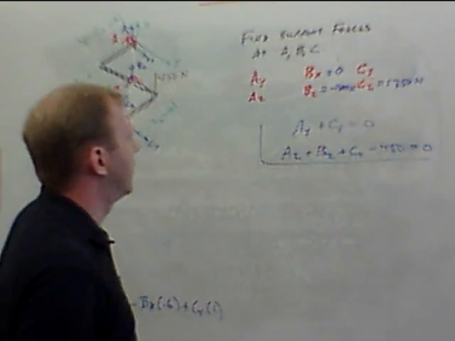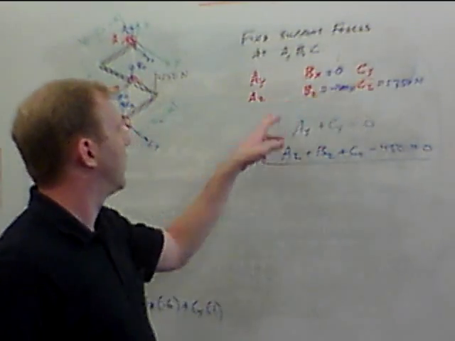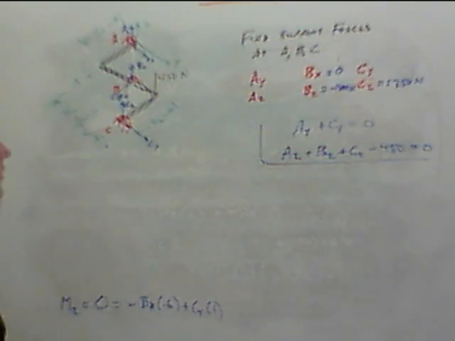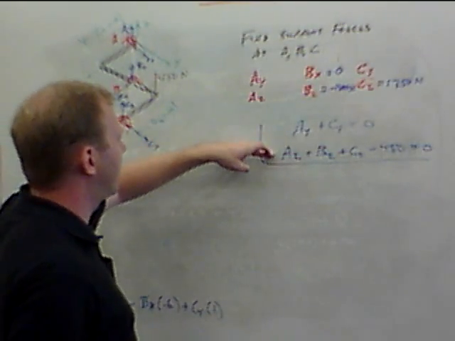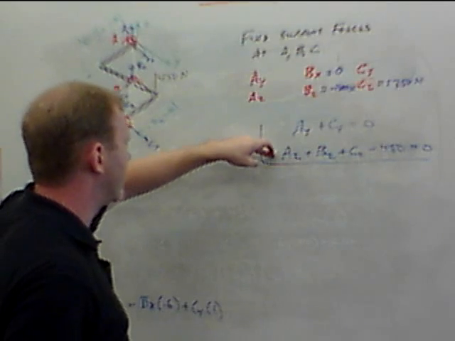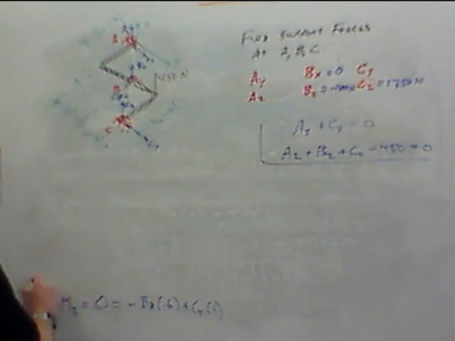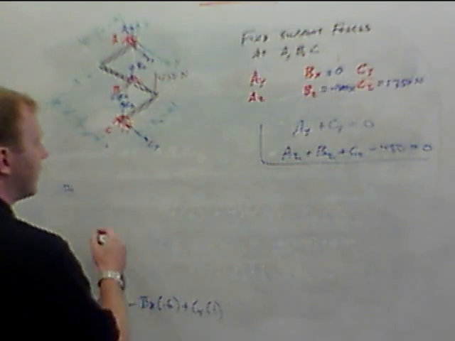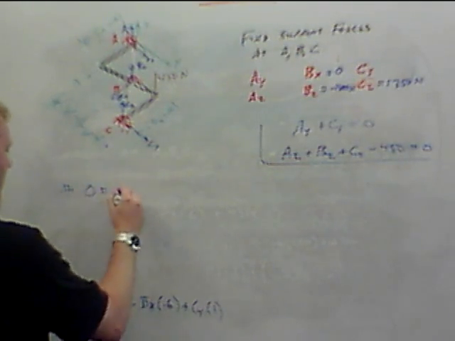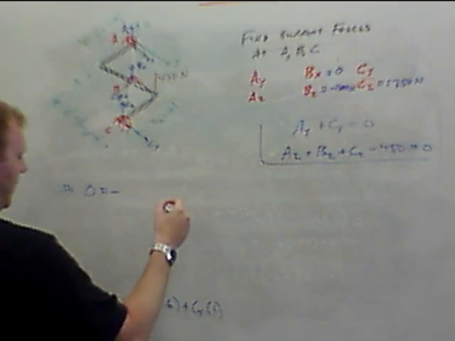Okay, so we still have Ay, Cy, and Az. This uses Ay and Cy. This one we can get Az out of, so we'll do that. And this one we can get Cy out of. We'll use this one. Bring that up here. We have 0 equals minus, I should have done this right off the bat.